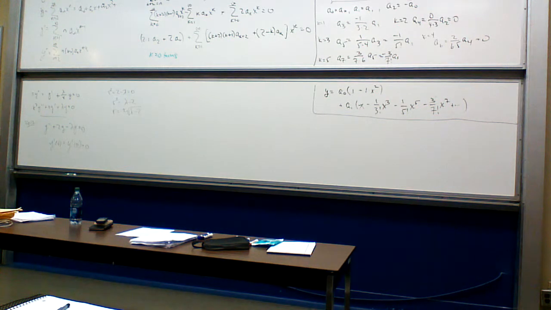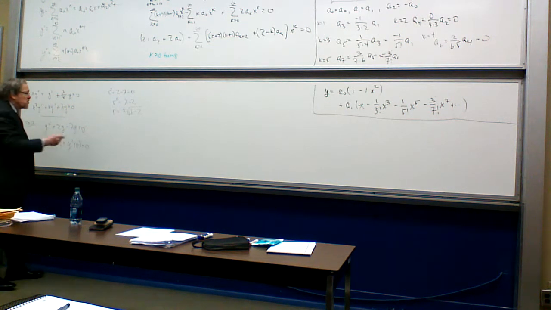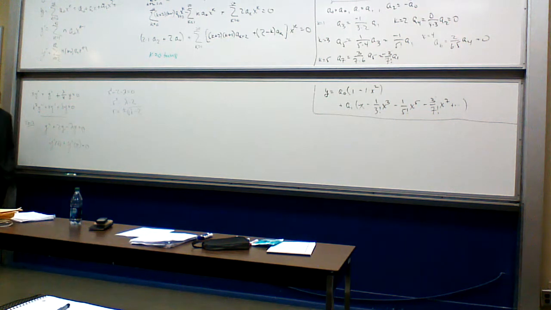The three cases are always based on the quantity under the square root, the so-called discriminant for the quadratic equation. In this case, that quantity is lambda minus 2. So we want to see what happens when lambda minus 2 is positive, 0, or negative. And that's the order in which I always do these things.